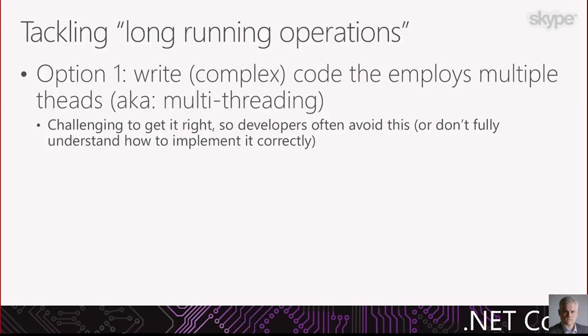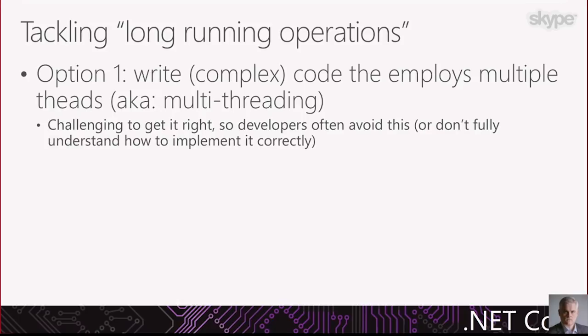So building a multi-threaded application is always an option, and the .NET Framework has allowed developers to do that from the very first version of the .NET Framework back in 2002. However, historically, it's been challenging to get that right. First of all, it's difficult to debug a multi-threaded application. And secondly, it's difficult to synchronize the state of data across the threads.